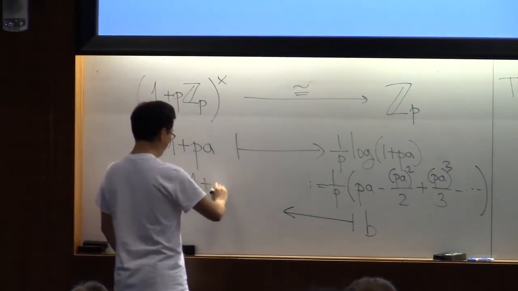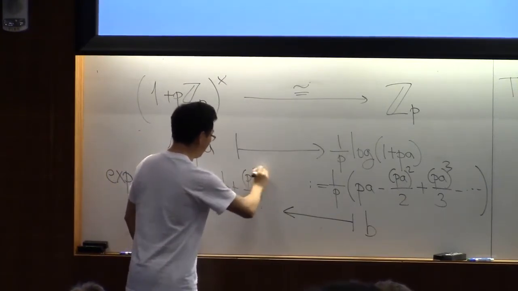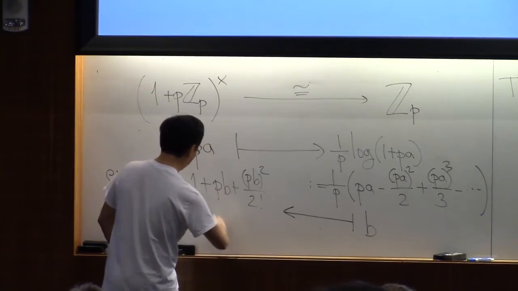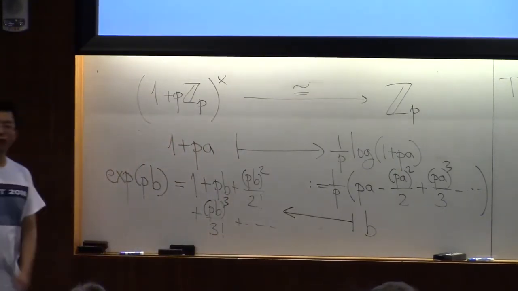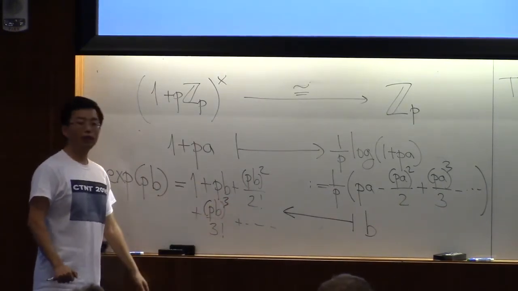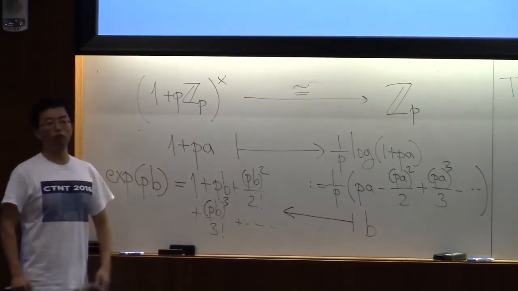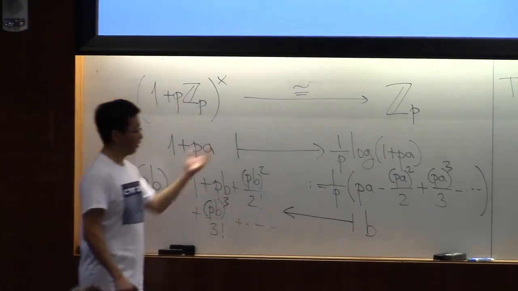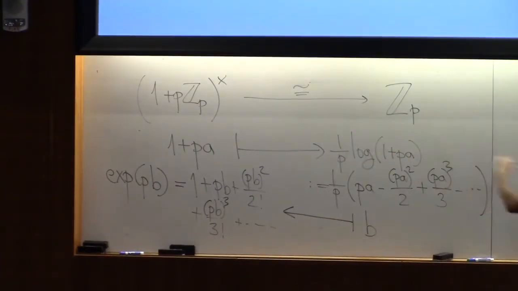The exponential is pb plus (pb)^2 over 2 factorial plus (pb)^3 over 3 factorial, and keep going. Again, you see more and more powers of p, so the corresponding terms will get smaller and smaller, and this will also converge. And by formal arguments, log composed with exponential is the identity, and vice versa.